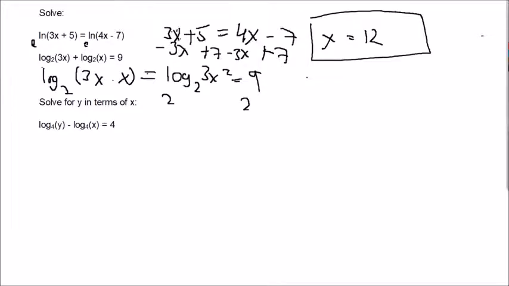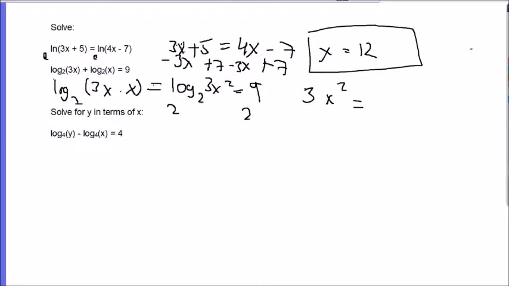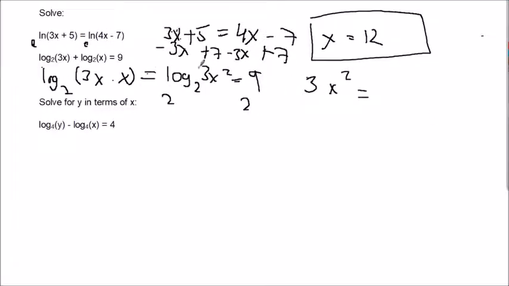We will take 2 to both powers, but we'll have 3x squared is equal to 2 to the 9th power, and that's 512, right? If we divide by 3 on both sides, we'll get x squared is equal to 512 over 3.